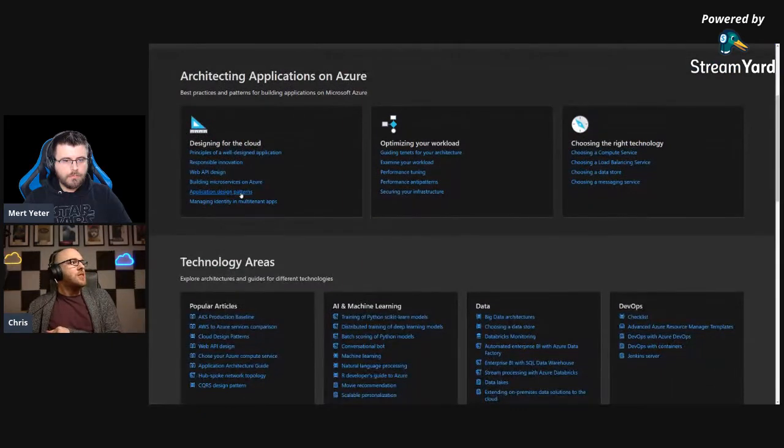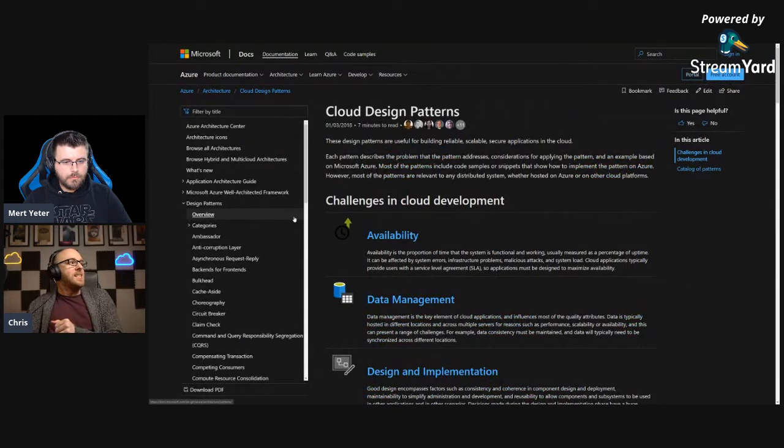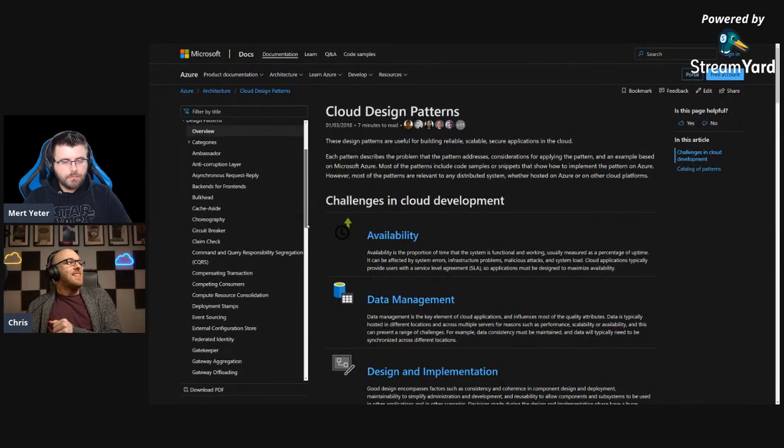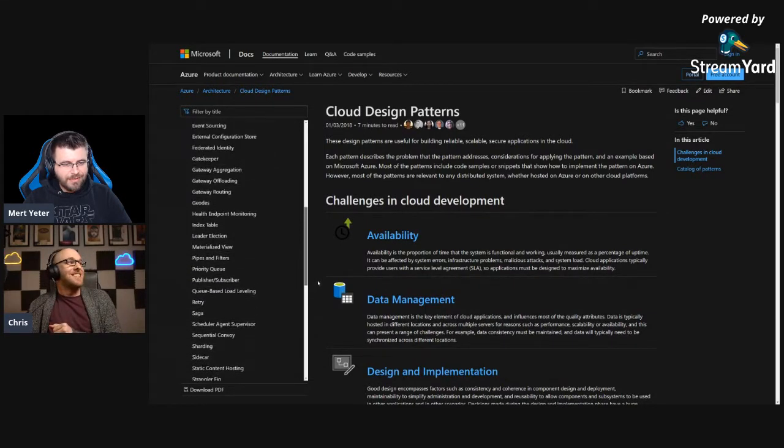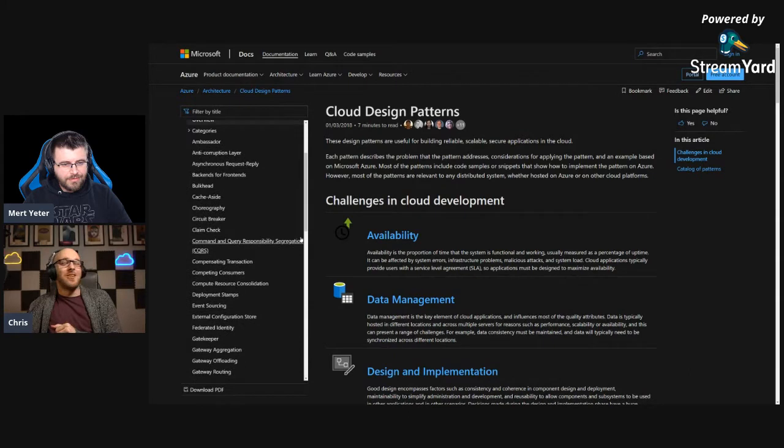If I just click on application design patterns here, you will see on the left-hand side that there is just a whole list of different design patterns. There are so many that you can go and look at. By no means do you have to use all of them at all, and we'll talk about that a bit as we go through here.